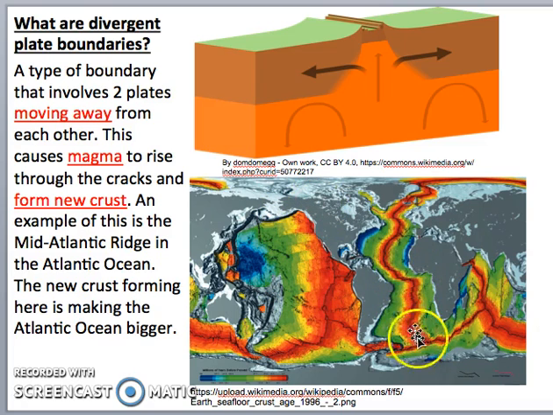Right here in the Atlantic Ocean, this is North America and this is Europe. The Atlantic Ocean actually is a very famous divergent boundary called the Mid-Atlantic Ridge, and this is where the newest crust is forming. The Atlantic Ocean is growing bit by bit every year because the divergent boundaries are pushing the continents away from each other and making the ocean bigger.